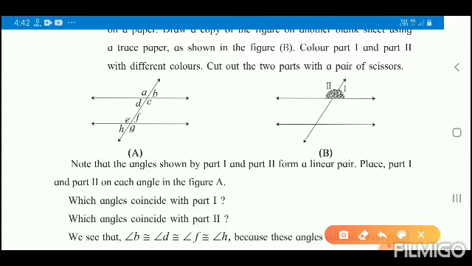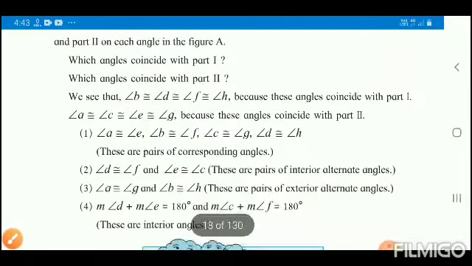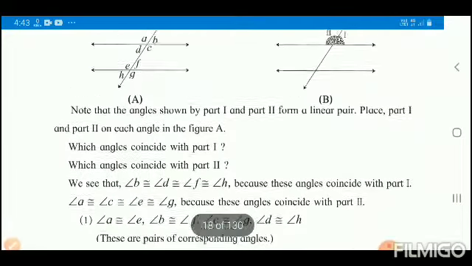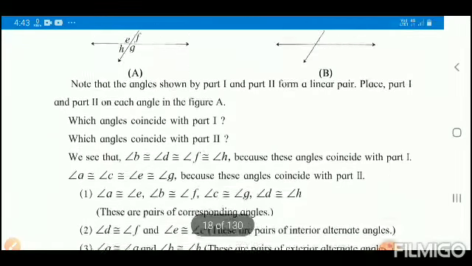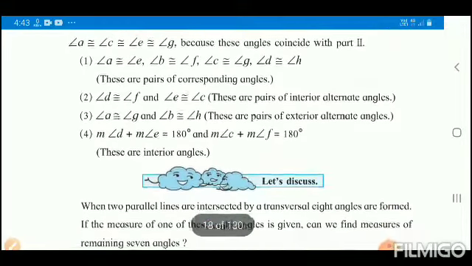The pairs of interior angles are D and E, C and F. These are not congruent, but if we add these two interior angles, then the measure is equal to 180 degrees. That is what they have given in your book: measure of angle D plus measure of angle E is equal to 180 degrees. Measure of angle C plus measure of angle F is equal to 180 degrees.